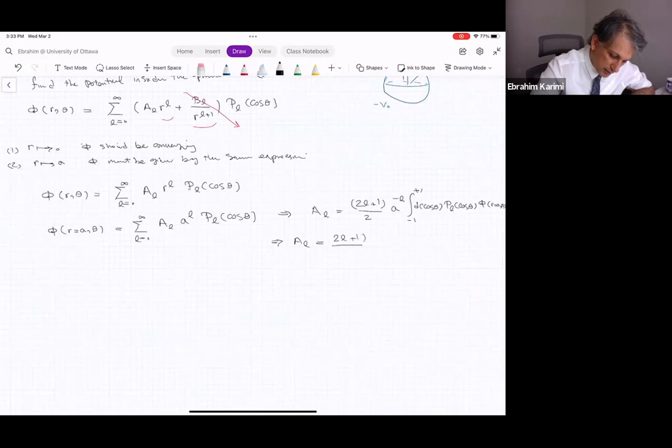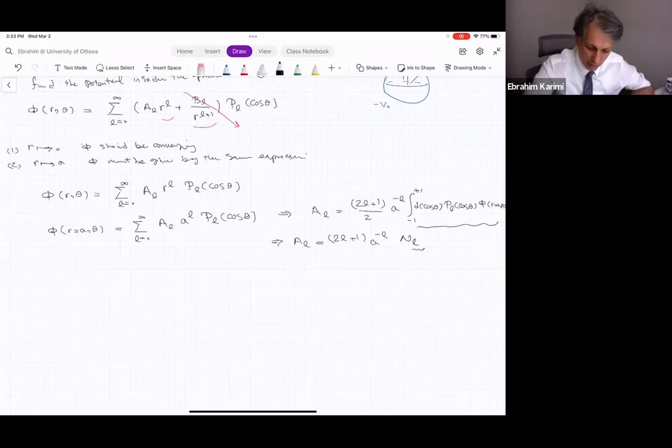So from here, we can calculate AL, which is exactly 2L plus 1 divided by 2, A to the power of minus L. This is exactly the same expression that we had, so the 2 goes away, and that will be NL. You have to check whether L will be only even or odd, because you have to look at the symmetry.